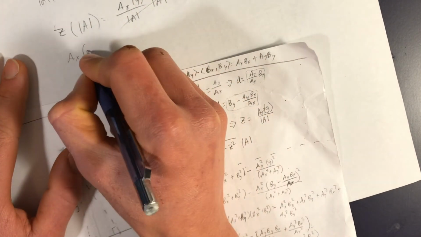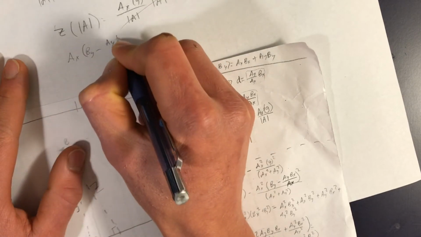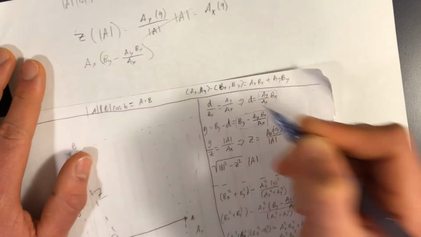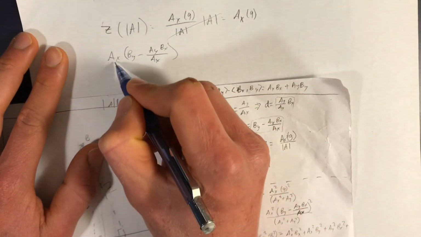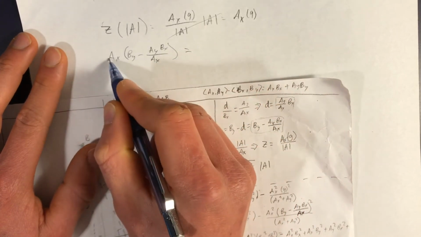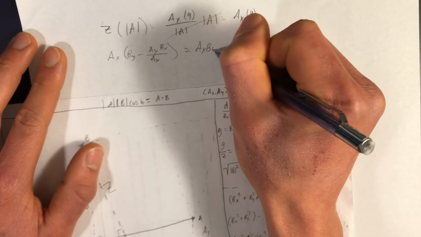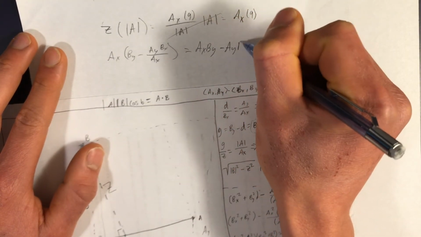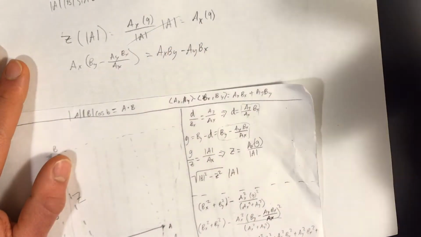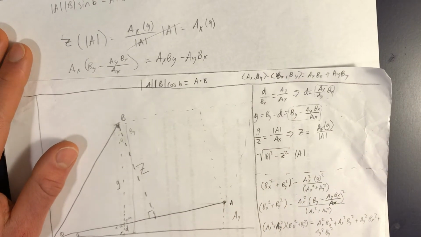G is equal to BY minus AY BX over AX. So you multiply this out, AX BY minus, since this cancels out, AY BX. So AX BY minus AY BX. Boom. Once you get the diagram, stuff is easy money.